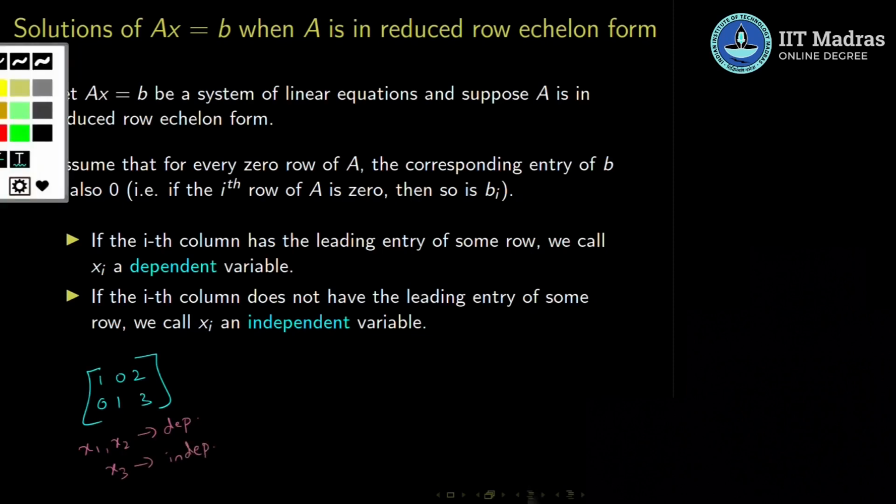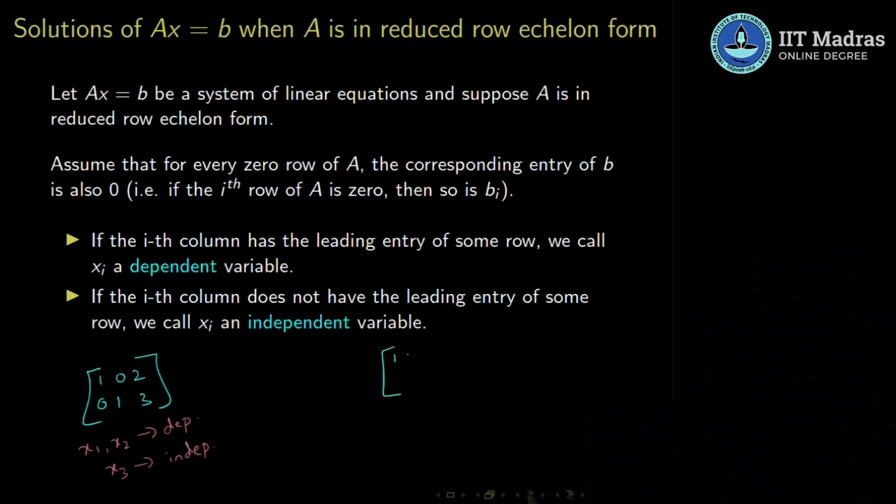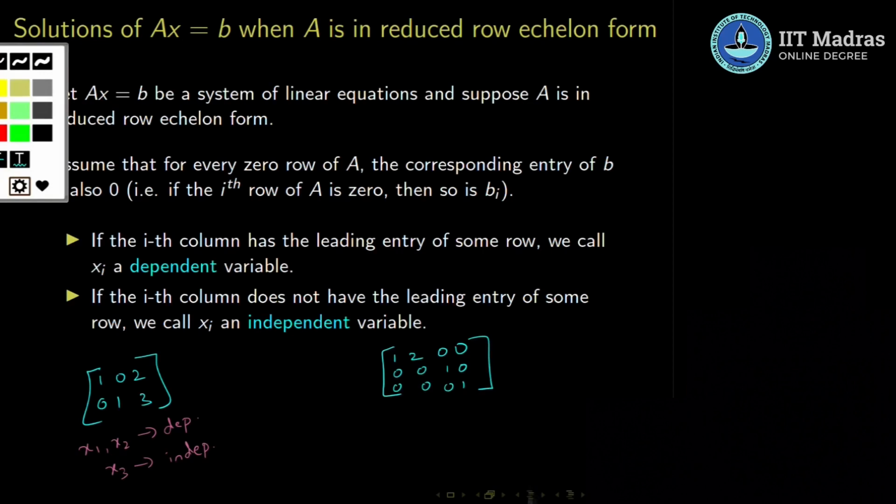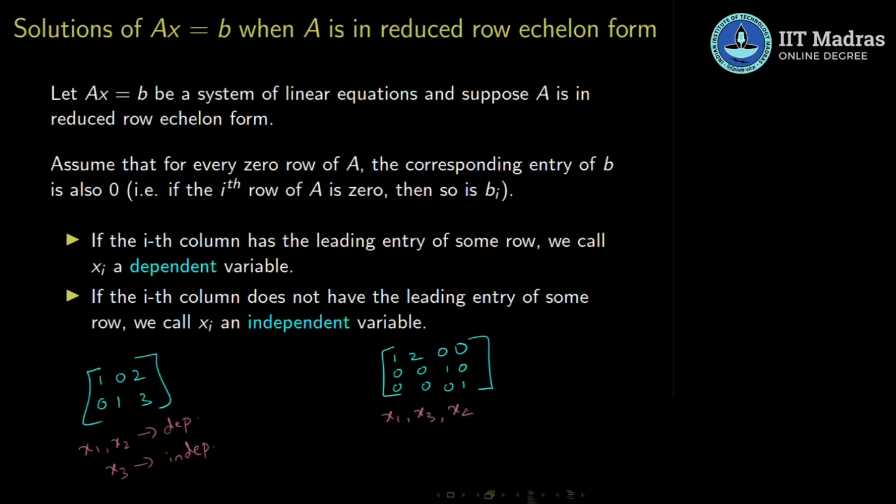In the second example, we had 1 2 0 0, then 0 0 1 0, and then 0 0 0 1. Here the leading entries are in columns 1, 3 and 4 respectively. So, x1, x3, x4 are dependent variables and x2 is an independent variable. And you saw this reflected in the solutions, which is why we are calling it independent.